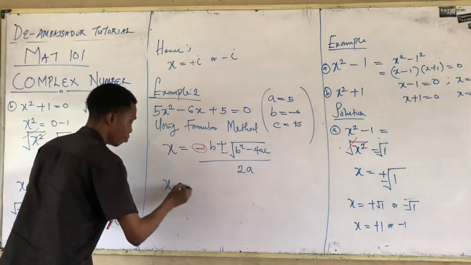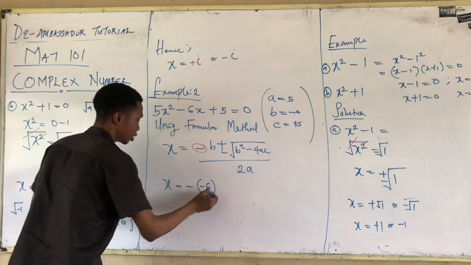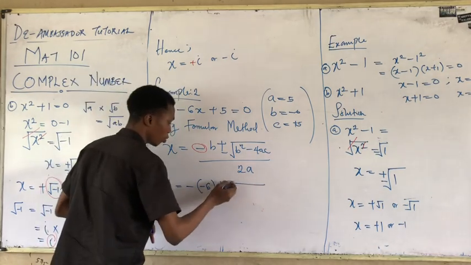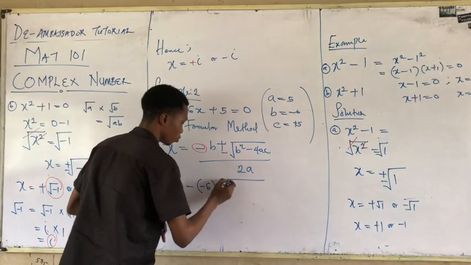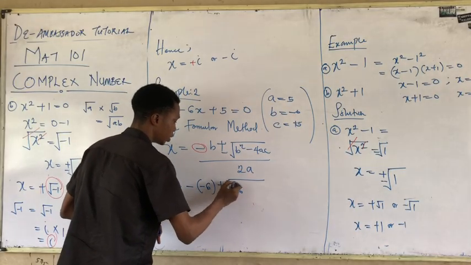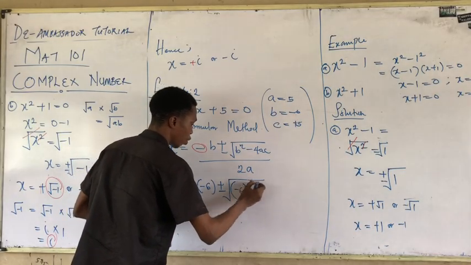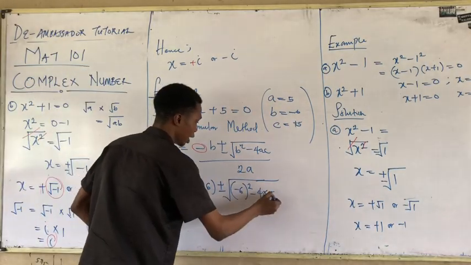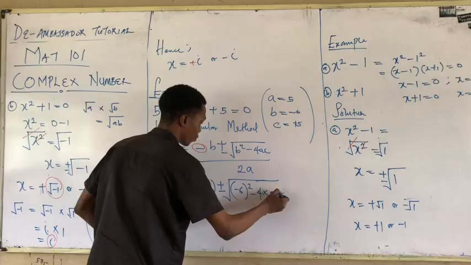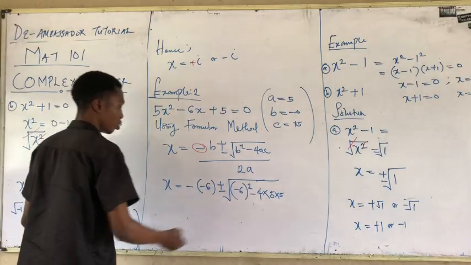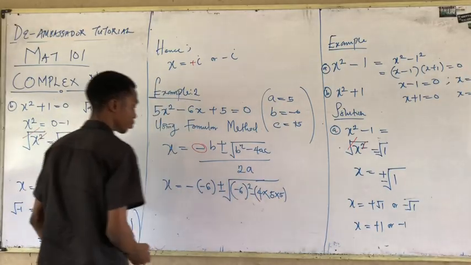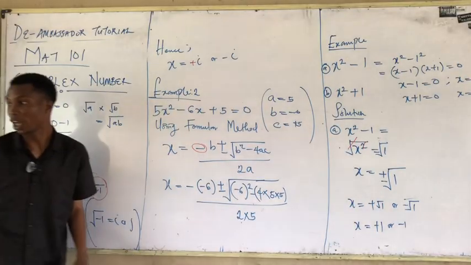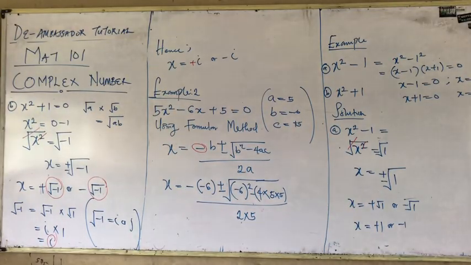So we have it as minus, in bracket, minus 6, plus or minus the square root of minus 6 all squared, minus 4 times a, which is 5, then our c is 5. Can we put in brackets, all over 2 times 5? Can you see from there? Are you managing?